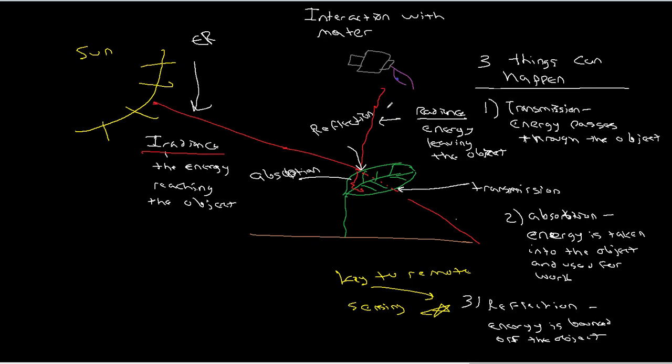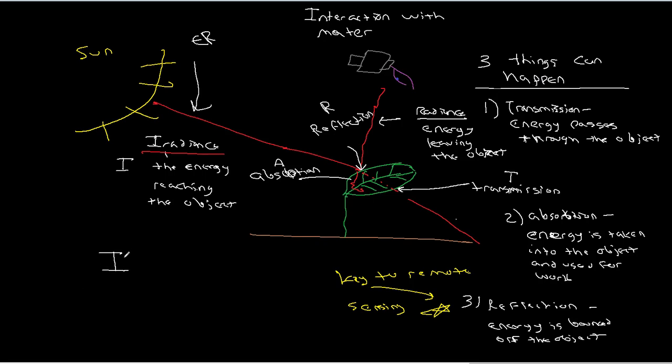So radiance is the amount of energy that is reflected. And if we do some labels here, we label irradiance with an I, absorption with an A, reflection with an R, and transmission with a T. We can see we're making an equation from our three things that happen.